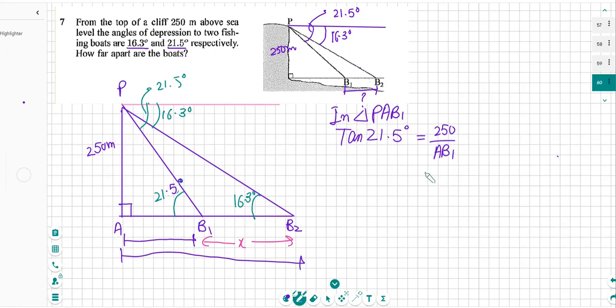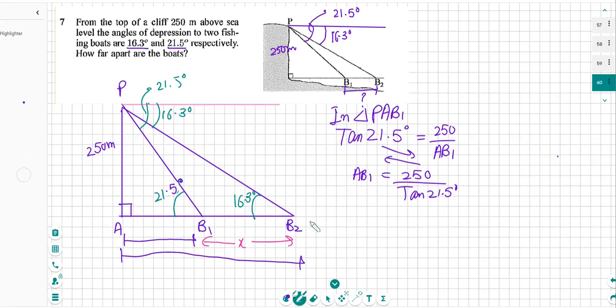Interchanging the positions, AB1 will be equal to 250 over tan 21.5 degrees. Got it? So this is AB1. I'm not calculating it right now.